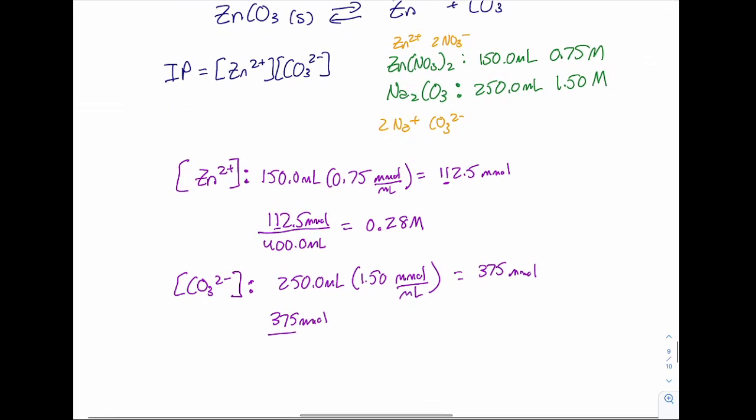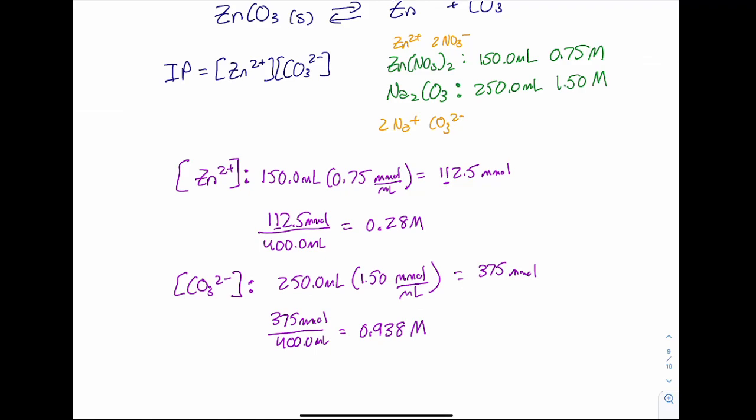And we're going to divide that by our total volume. And I get 0.938 molar. 3 significant digits for this one.